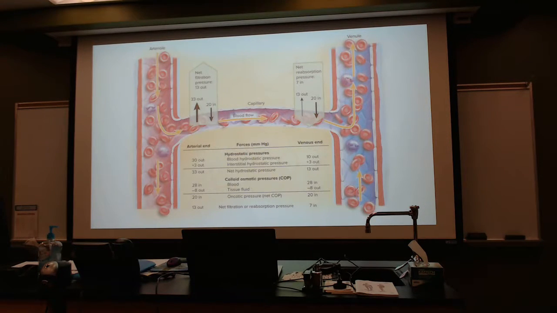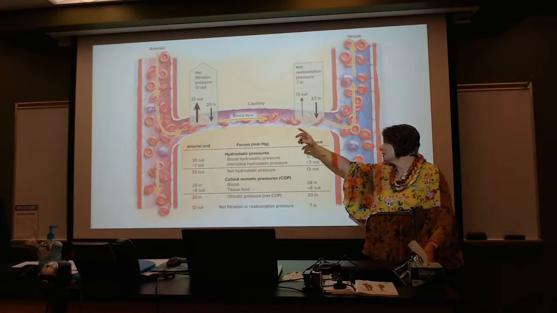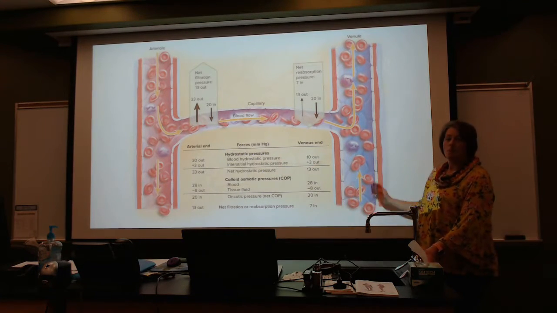So we've got the ability for there to be pressure from the blood pressure itself, but we're going to find that there are pressures in the tissues as well as we go from the arterial to the venous.